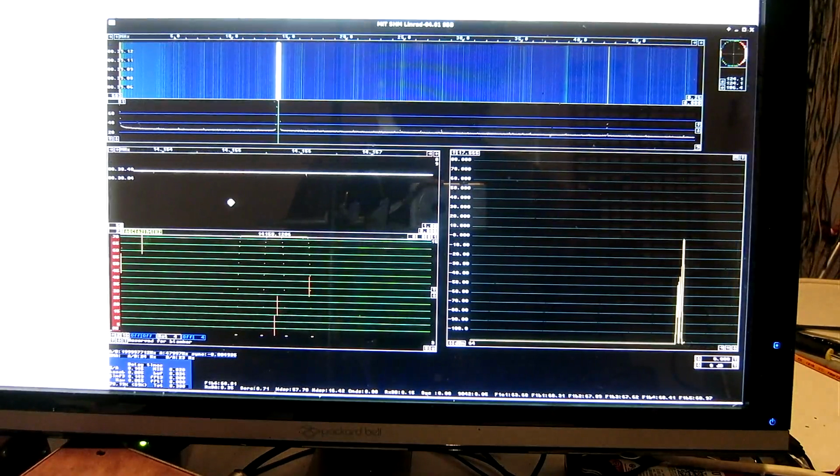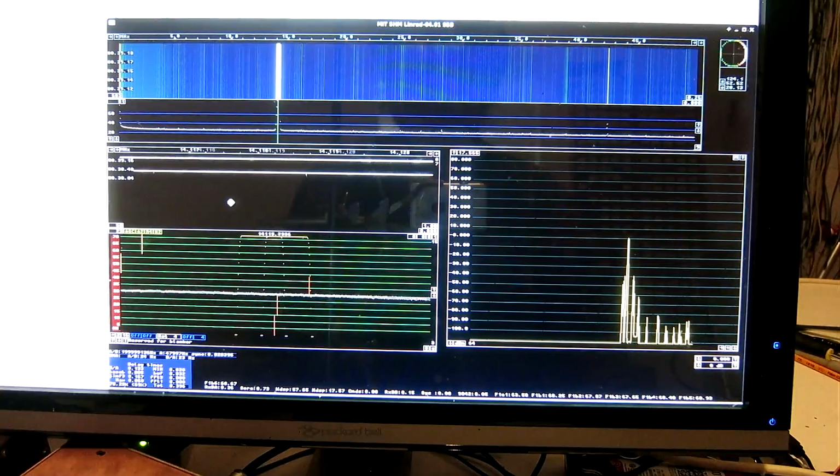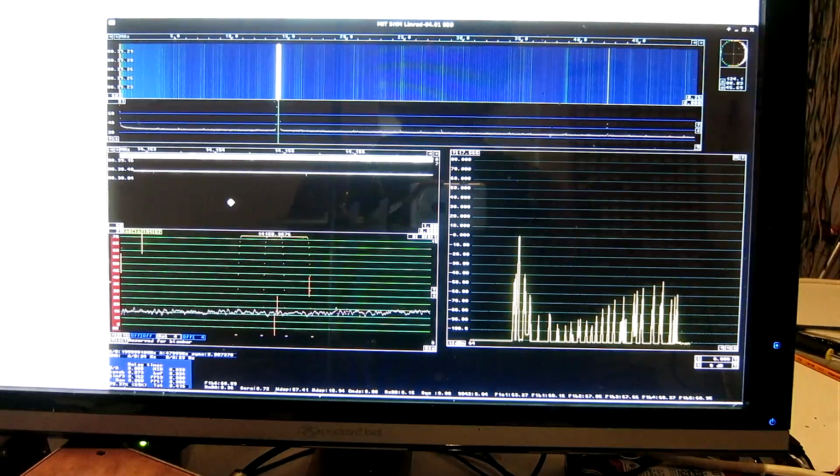So the signal has to be at, oops, 158, I think.